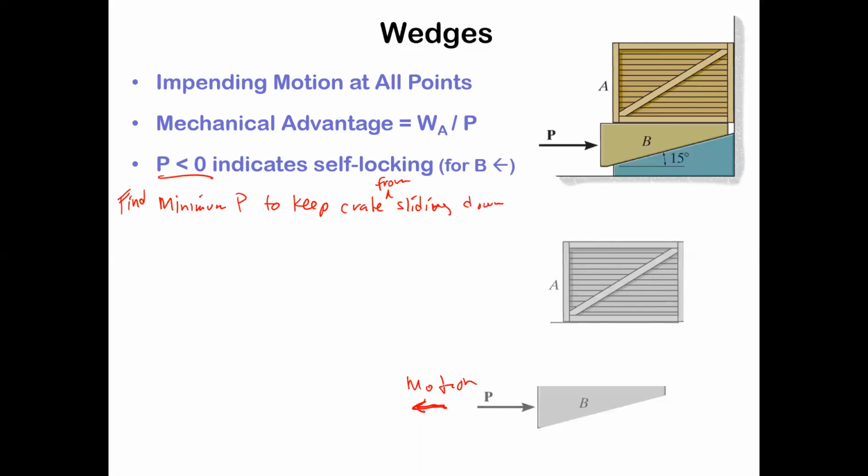Yeah, that wedge is going to have to slide to the left, right? If the crate's going to push this thing down, that wedge is going to have to be popping out left.